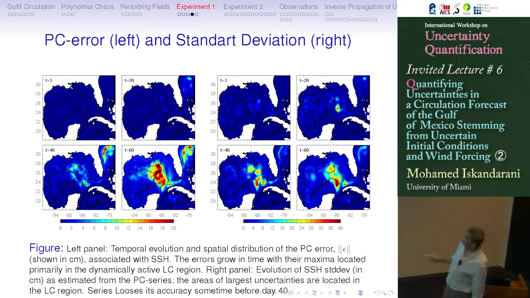Okay. The standard deviation grows as time goes by. And you see a spot also in the place where the loop current is going to separate, and it grows as time goes on. But if you look at the two different ratios, you realize that essentially your standard deviation is about 24 centimeters in the loop current region.